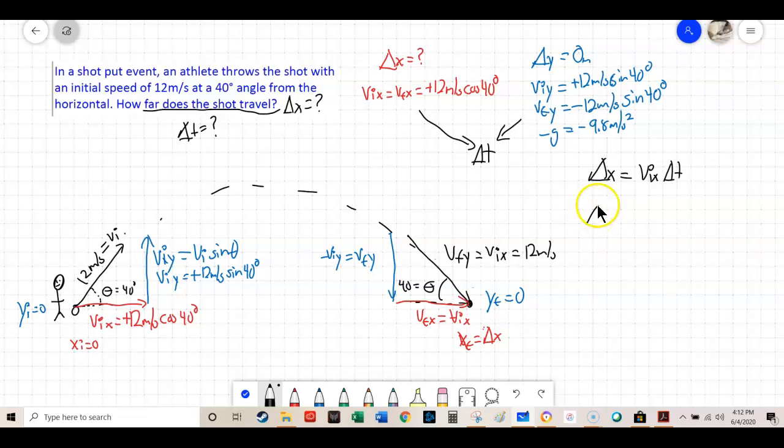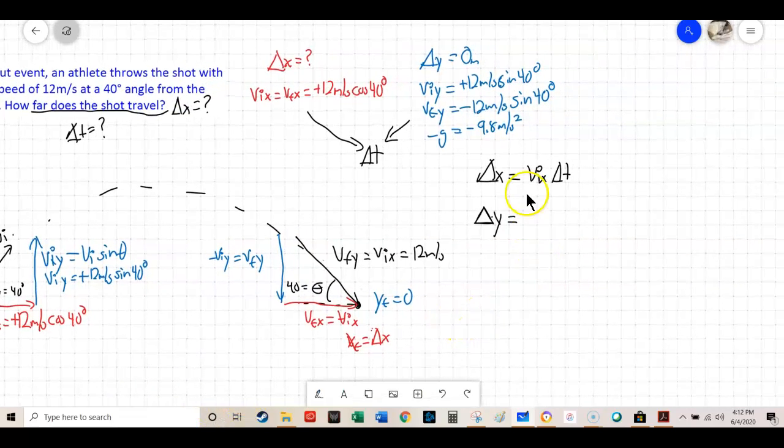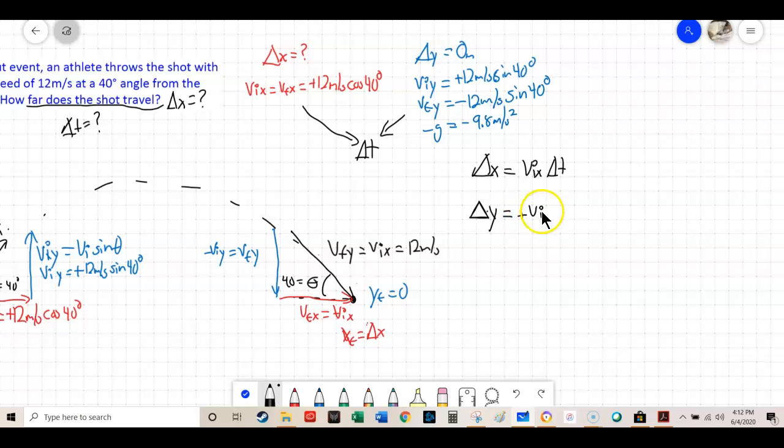Well, for the y direction, delta y is going to equal, and I'm going to scooch this over a little bit, it's going to be launched up at V initial y delta t minus 1/2 g delta t squared. And so again, I'm going to be solving for magnitudes when I do this.